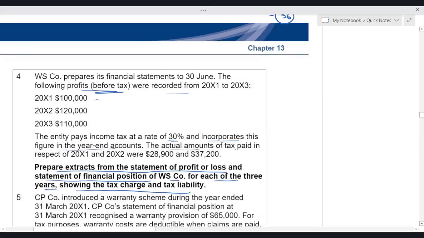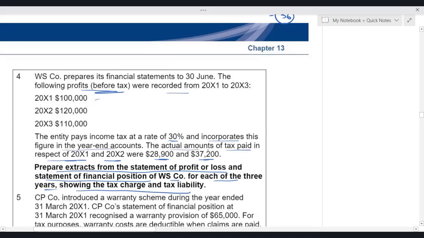The actual payment of the tax is in respect of X1 and X2 were 28,900 and 37,200. Very important point. Actual payments relating to X1 is 28,900 and relating to X2 it is 37,200.